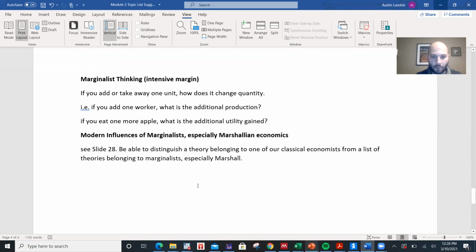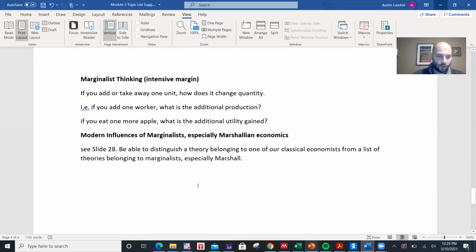Or if you eat 1 more apple, eat 1 more good, what's the additional utility gained? Contrast that to the extensive margin, which deals with total quantities, not adding or taking away 1 input. So that's, what is the intensive margin? The intensive margin is adding or taking away 1 input and seeing how it changes totals.